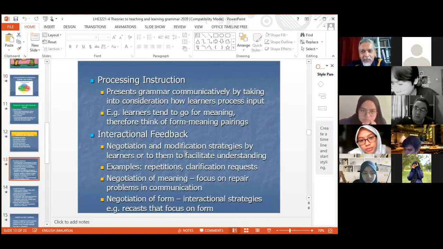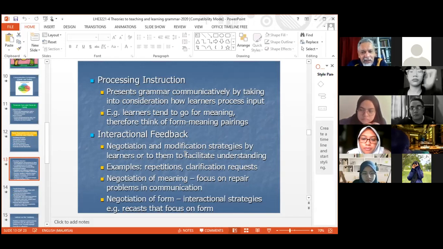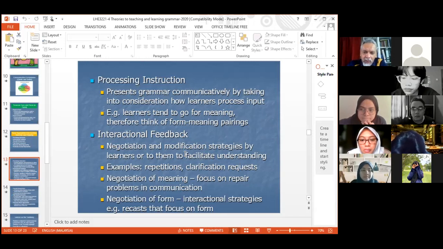Not just when someone asks how do you form past tense, you simply answer by adding ed at the end. Maybe you can try to get them to find out what the answer is, or negotiate, or repetition, or clarifications.